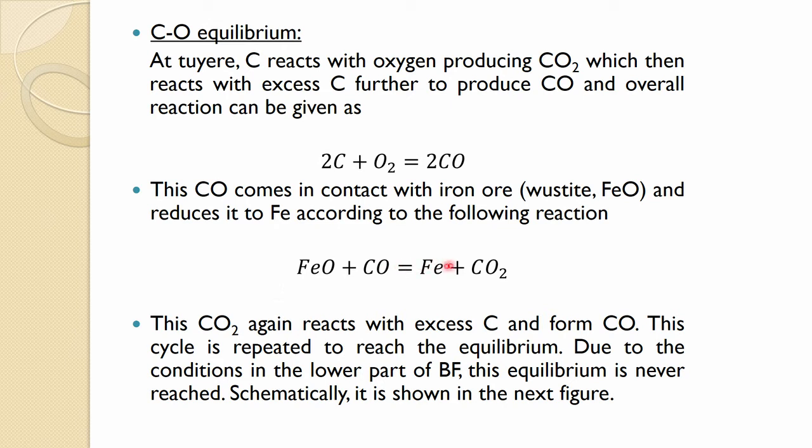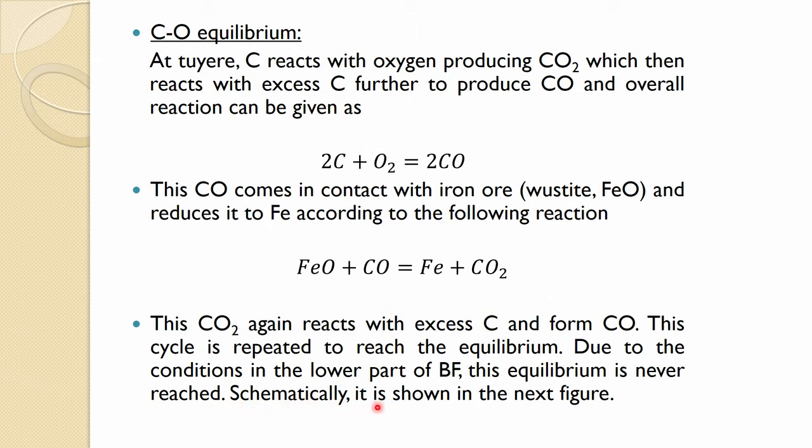Because in the lower part of the blast furnace, especially in the dripping zone, everything else is in liquid form except the coke, plenty of carbon is available. So, this CO2 again comes in contact with the carbon and forms CO. This cycle is repeated to reach the equilibrium. Due to the conditions in the lower part of the blast furnace, this equilibrium is never reached.